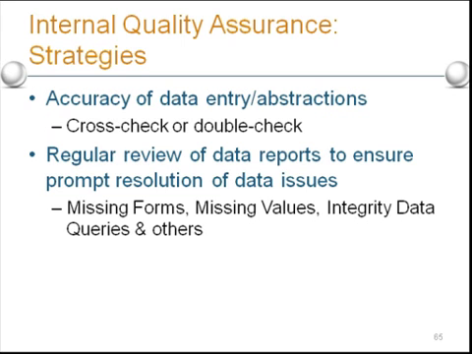This calls for a great level of attention in making sure that we're entering the data correctly. For example, on some trials we are printing lab results from the electronic medical record and entering them into the EDC. So doing a cross-check or a double-check that these values have been entered correctly can really help to reduce errors in that area.